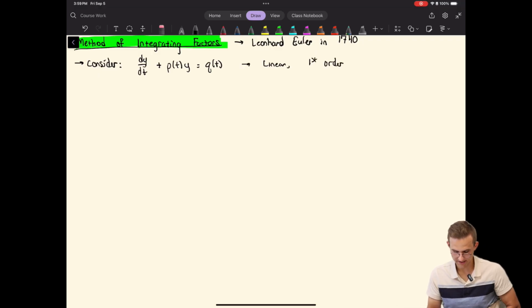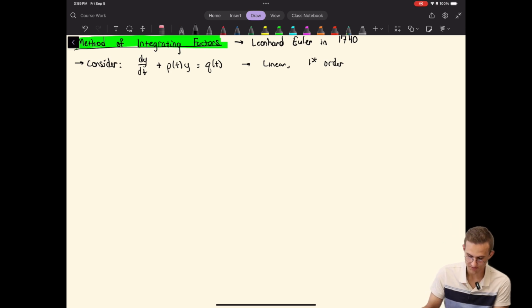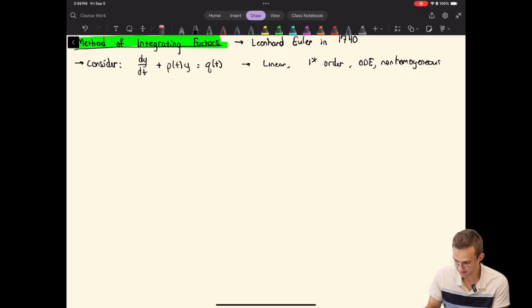Linear has to do with the fact that there are no functions of the dependent variable or its derivatives that are nonlinear. First order has to do with the highest order derivative that appears being the first derivative. It's an ODE because there's only one independent variable. And it's also non-homogeneous because there are terms in the equation that do not contain the dependent variable.